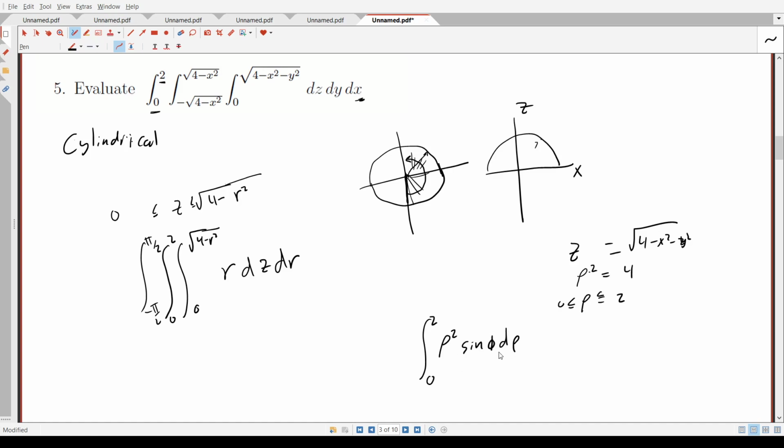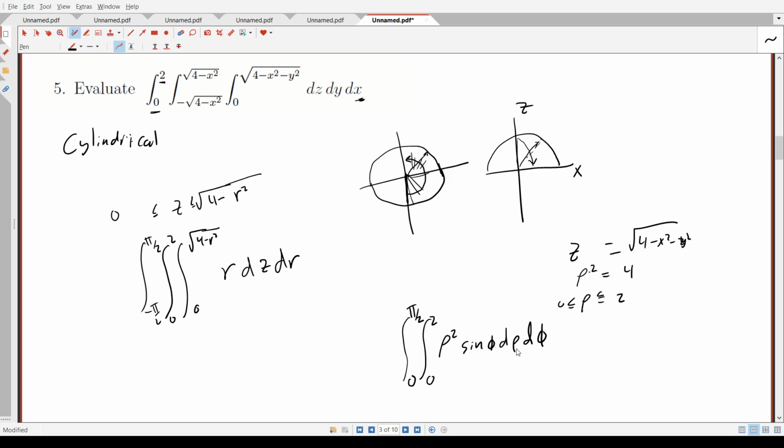Okay, so back down here to spherical coordinates. So we integrated this with respect to the radius. Okay, so now the phi needs to go from vertical down to the xy plane. So phi is going to go from 0, right, that's the vertical, down to the xy plane, which is pi over 2, right, that's an angle of pi over 2.